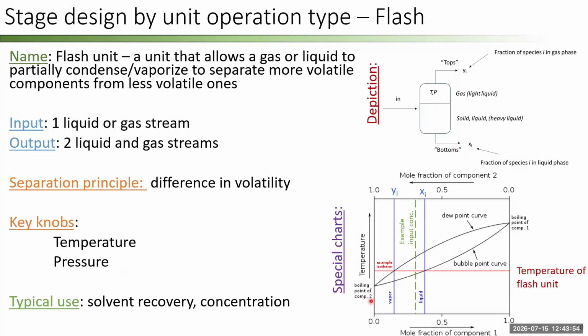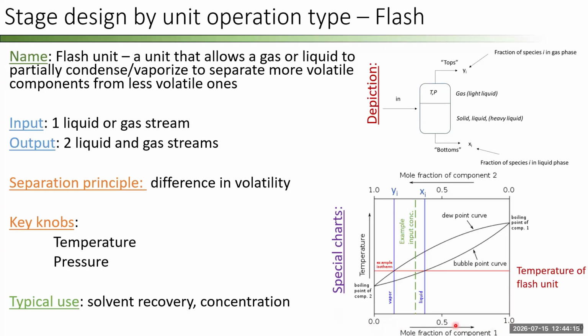Okay, and so we can see that down here in this separations chart, which I'm showing. This is a phase diagram that really dictates the behavior of our flash operation. Down at the bottom, I have the fraction of component one. So maybe this is a molecule.